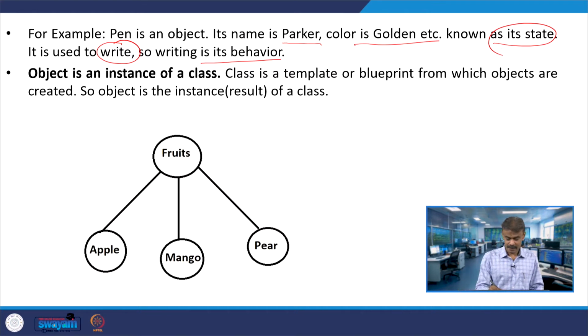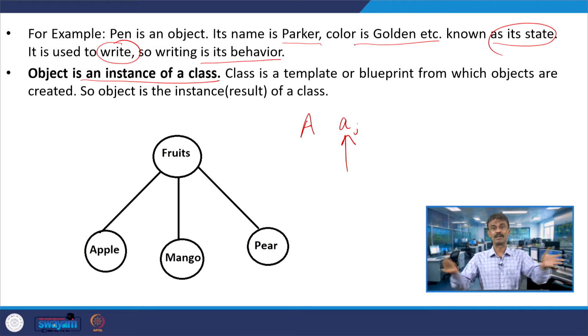As I said, we have an object and a class, capital A for the class and small a for the object. The object is nothing but an instance of a class. A class is nothing but a template or a blueprint, and the class may contain several objects.